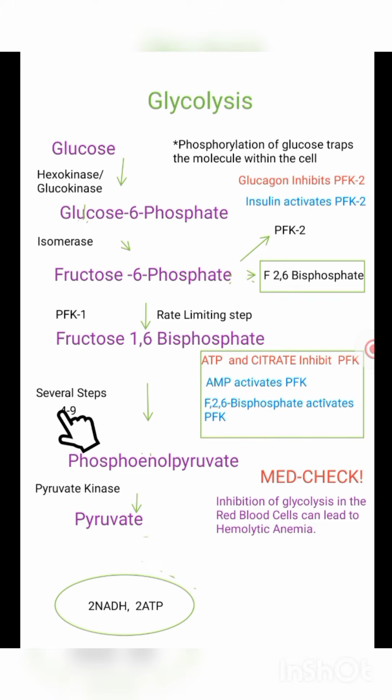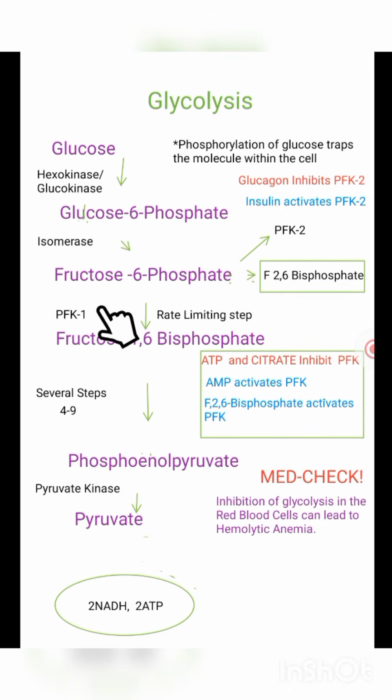I want you to remember this. They will be very, very important. Steps 1, 3, and 10, very important. Never forget. Especially step 3, which is characterized by PFK1. You cannot forget this because this is the rate limiting step, and in medicine, it is our target, our control point.